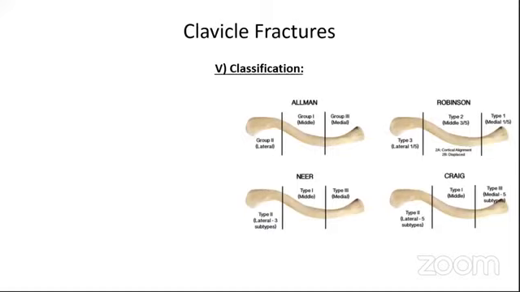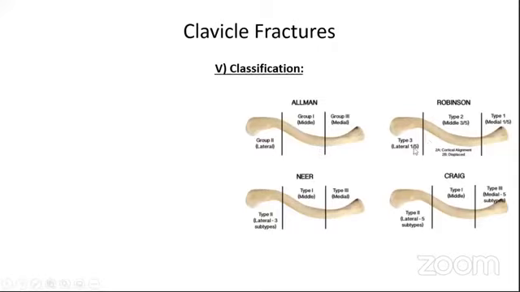In the literature, there are too many classifications for the clavicle fractures. There are Allman, Neer, Robinson, and Craig classifications. In principle, they are almost the same. For example, Allman classified the clavicle into three different groups: middle, medial, and lateral.